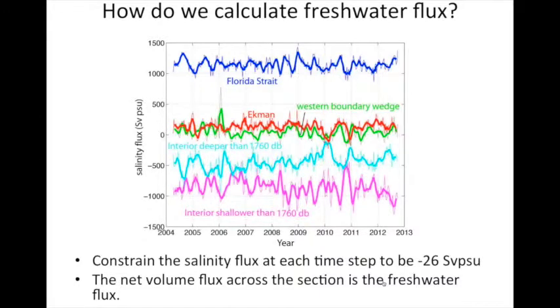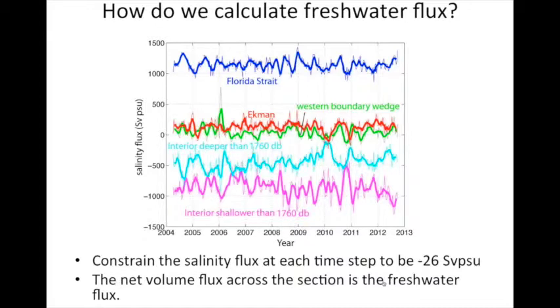Okay, so how do we actually calculate the freshwater flux? I've now got a velocity field and a salinity field every 10 days. So I can split the section up, and I just use exactly the same regions as were used in the overturning calculation from the 26 North array, except that I further split the interior into deeper than 1760 decibars and shallower than 1760 decibars. It is split at 1760 because that's the depth that we reliably get Argo data to.